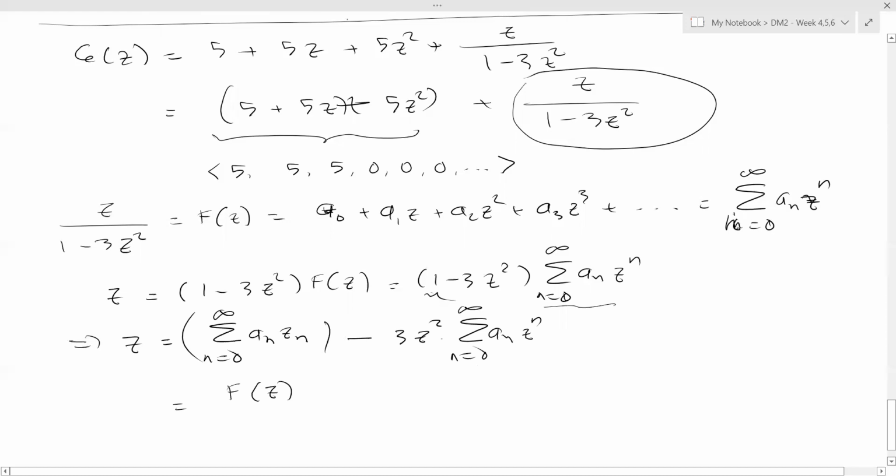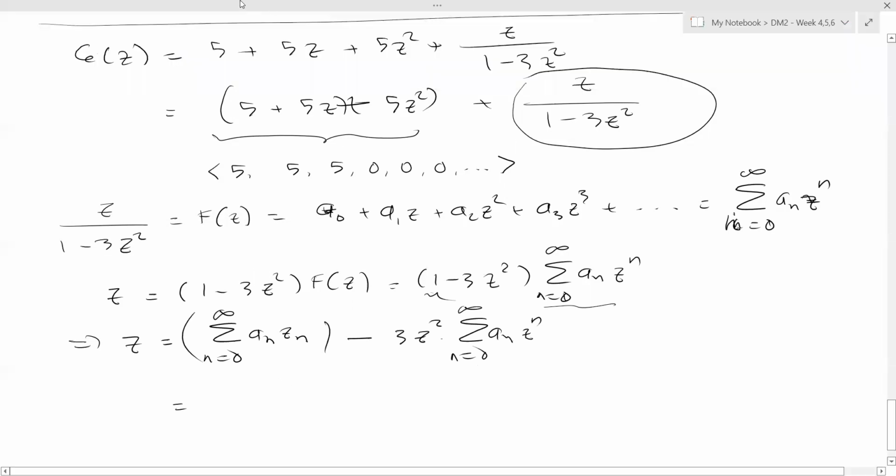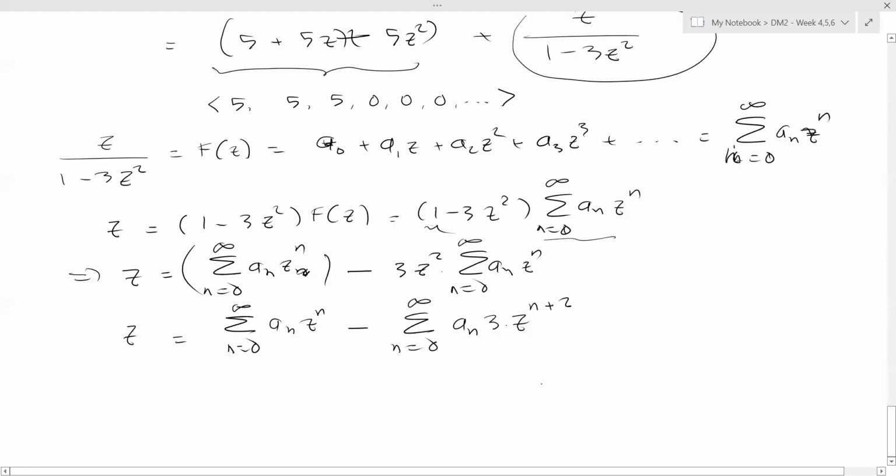So this is the sum of n from 0 to infinity a_n z to the power of n minus the sum from n equals 0 to infinity a_n times 3 times z to the power of n plus 2. So let's have a look at this.